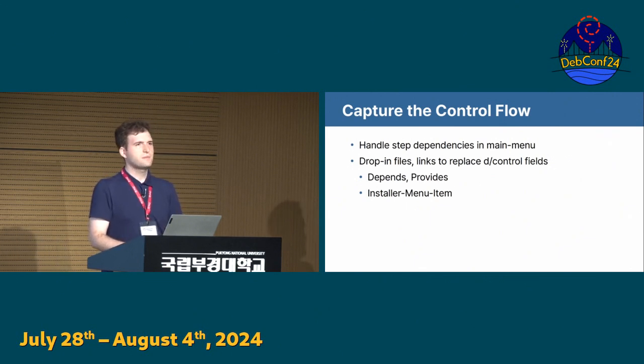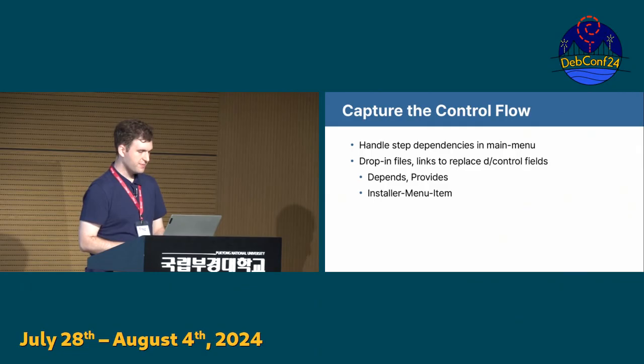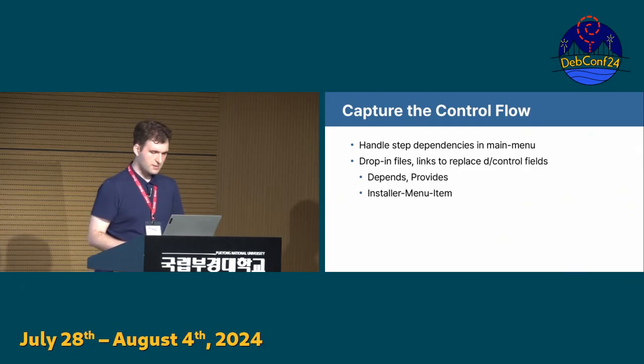There's depends and provides, which are most important, and installer-menu-item. This installer-menu-item can be replicated by, say, prefixing the post-inst script with a number, for example. Depends can be a collection of symbolic links inside the directory between the different post scripts, things like that.